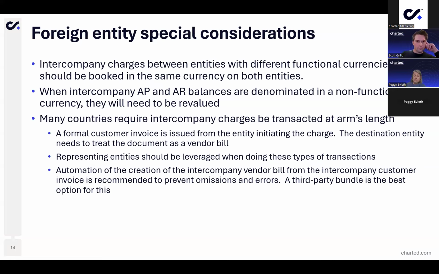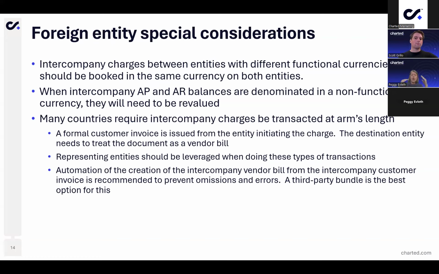Another reason: I had a client once upon a time who was settling in a different currency than it was originally billed in. So their intercompany had about $200,000 in it, but the amount that was being revalued was in the millions because they had settled in a different currency than the initial charge was in.